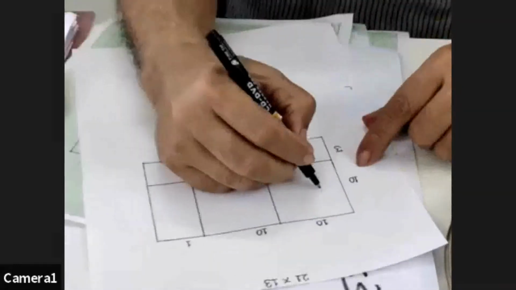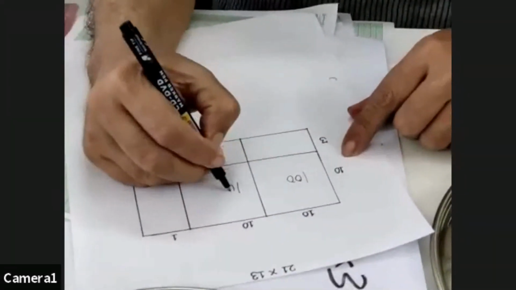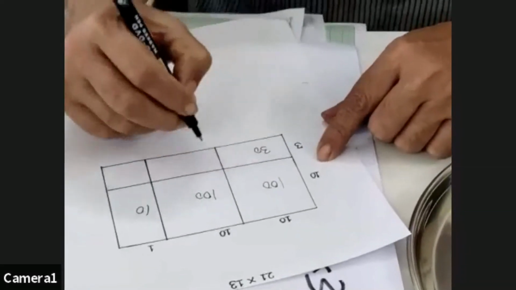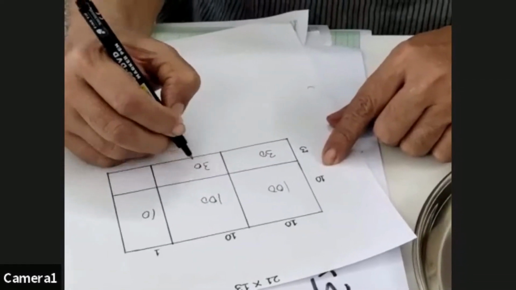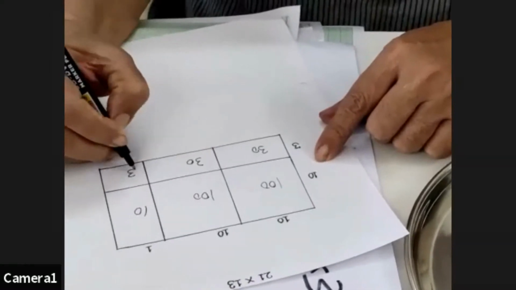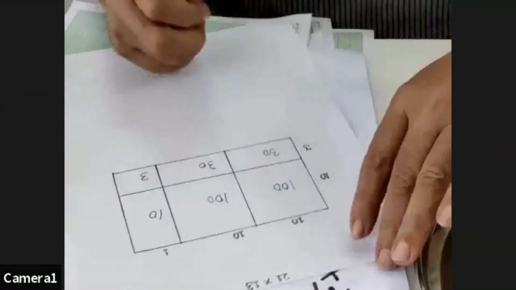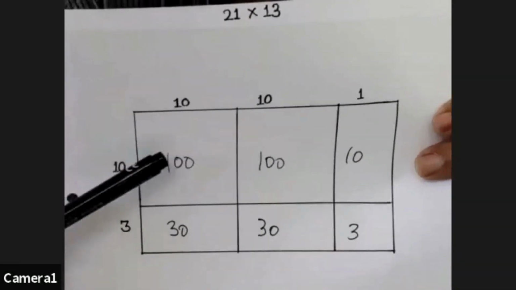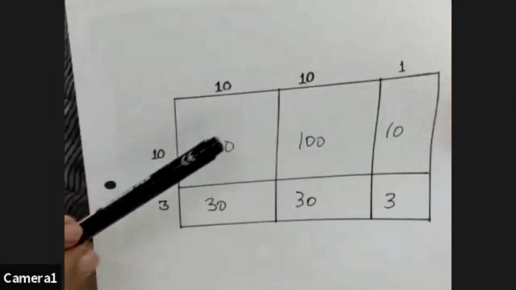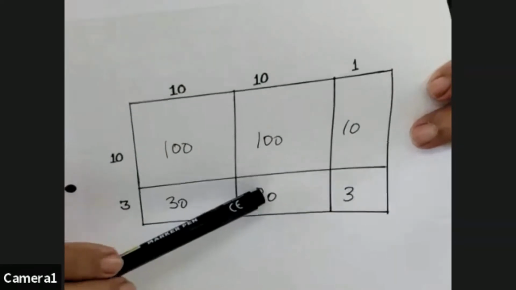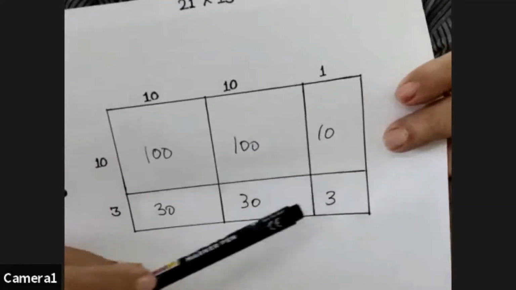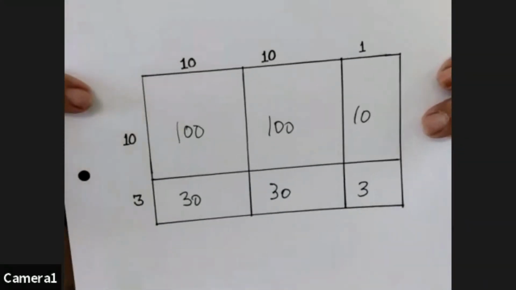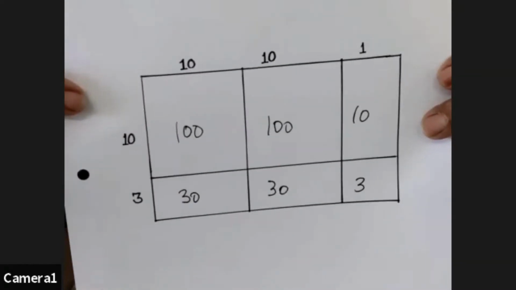I will write these numbers as 100 plus 100 plus 10 plus 30 plus 30 plus 3. And this, of course, is 100 plus 100, 200 plus 30 plus 30, 260 plus 10, 270 plus 3, 273.